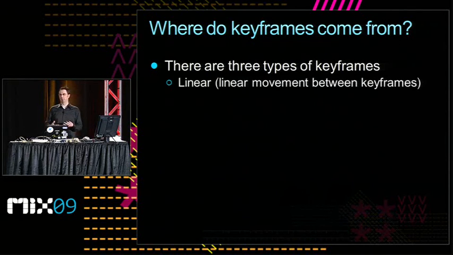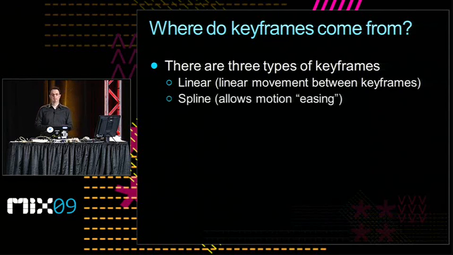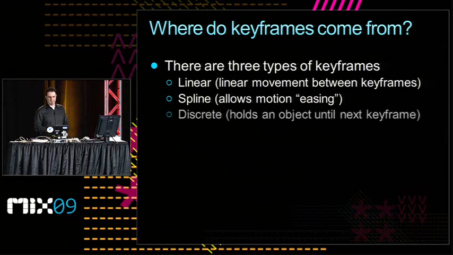Now, Blend doesn't create a linear type of keyframe for you. You would actually have to manually type that in. But what a linear keyframe does is create linear movement between keyframes. There's a spline keyframe type that allows motion easing, which gives you an opportunity to create an organic look and feel to your animations. And then finally, there is a discrete animation type, which holds an object at one position until the next keyframe is reached, at which time the object jumps to the new position.